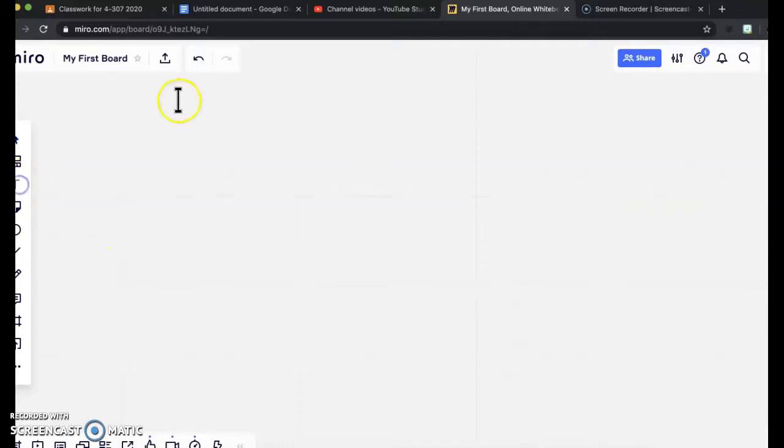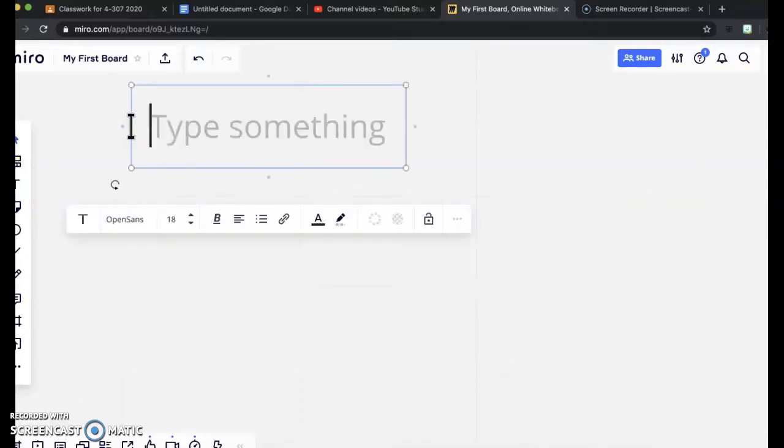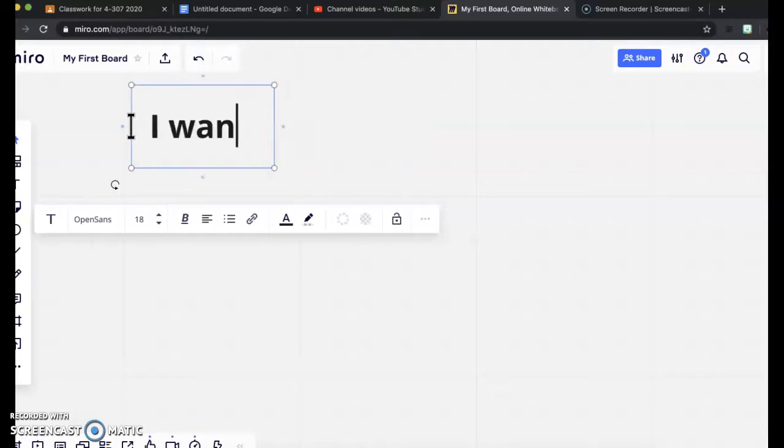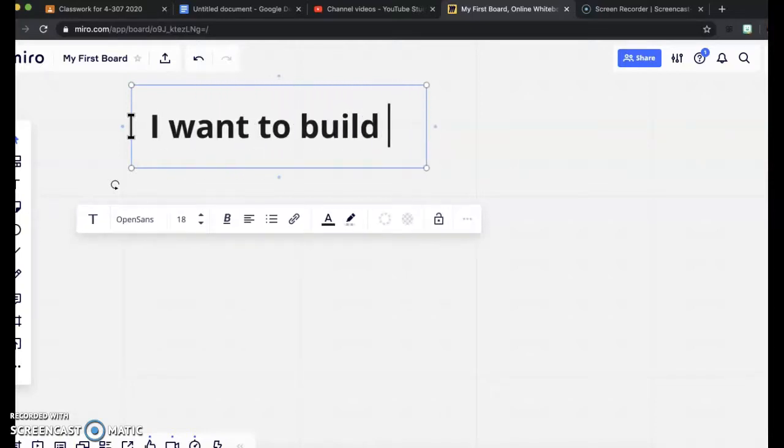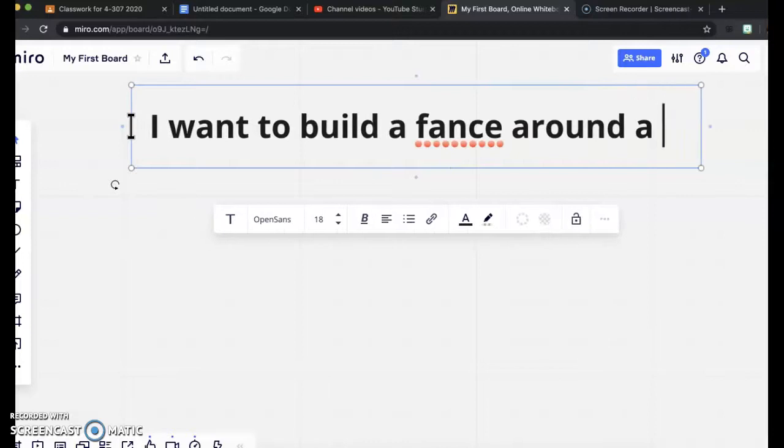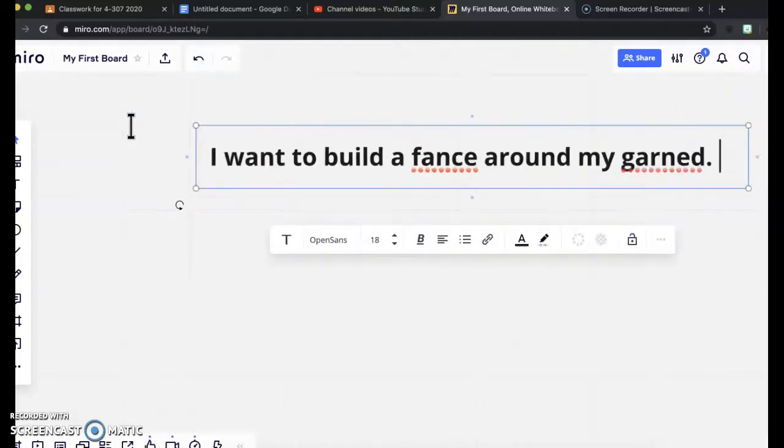So, let's say I want to build a fence around my garden. All right? And I measure a pole that I'm going to cut into a bunch of pieces.